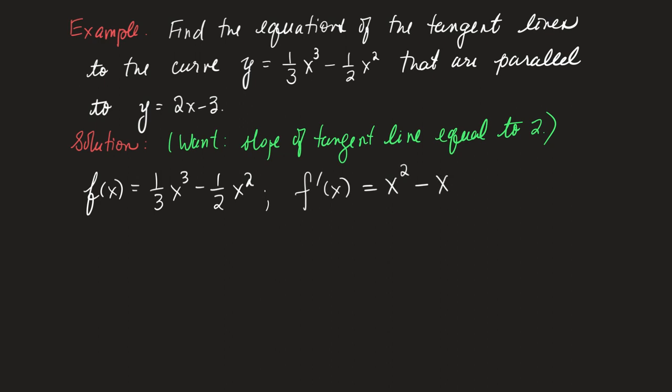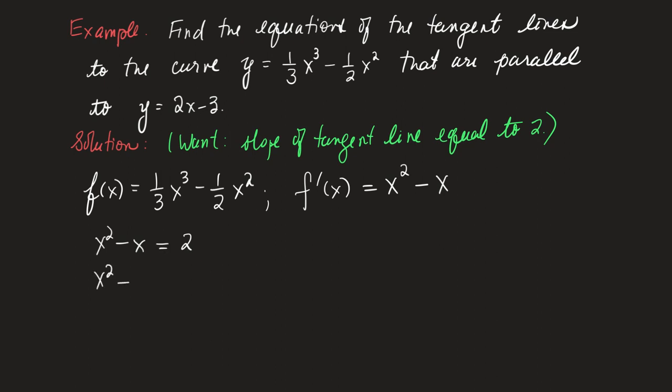So that's my derivative. I want the slope of the tangent line to be 2, and I know that the slope of the tangent line is given by this derivative. So I want x squared minus x to equal 2. Now I can solve that.